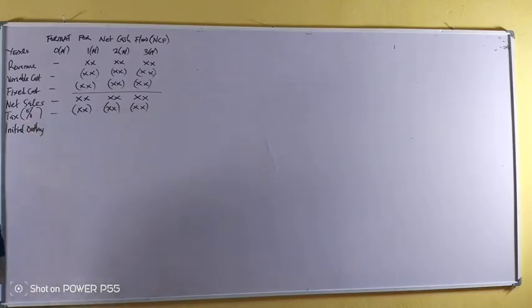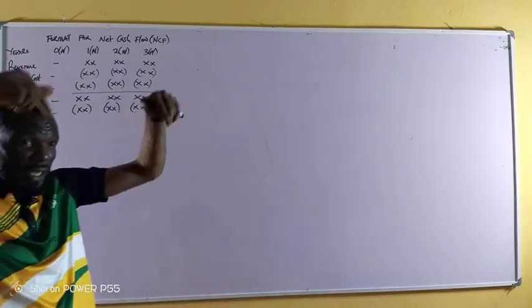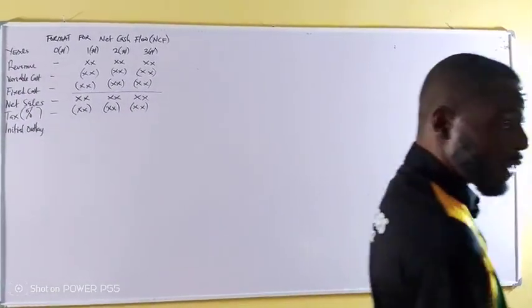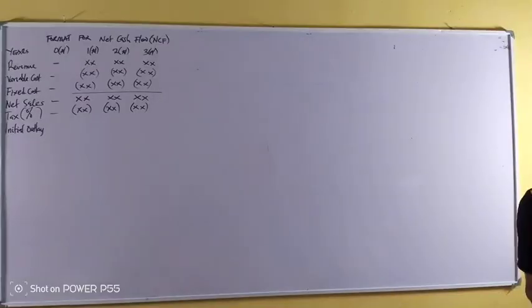That is in year what? 0. Now, there are things with which you know year 0. If you are taking the ICAN exam, the examiner will not tell you anything like year 0. Are you getting me? But there are certain words you will get from the question that will make you know that this is year 0. If you hear the word today, it is what? Year 0. Write it down.